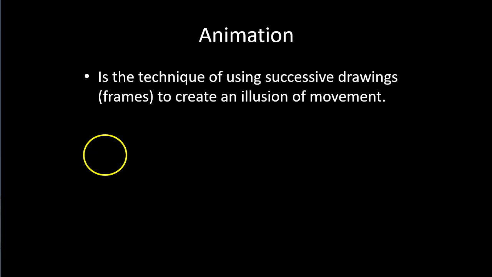Animation is a technique of using successive drawings or frames to create the illusion of movement. So After Effects helps us to create an illusion of movement, like the illusion of this oval moving across the screen. It was difficult for your eye to not want to track the movement of the oval.